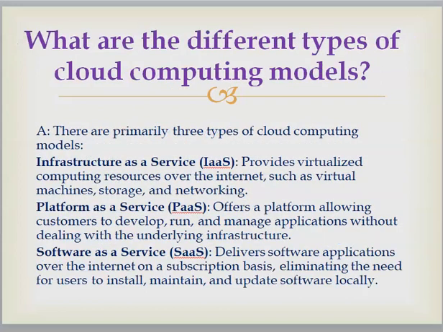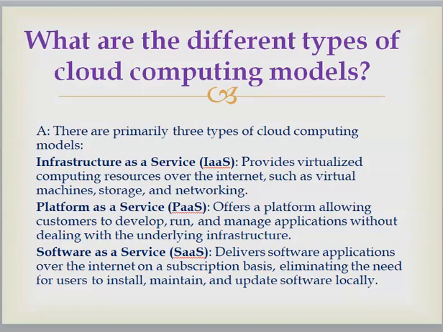What are the different types of cloud computing models? Answer: There are primarily three types of cloud computing models. Infrastructure as a Service provides virtualized computing resources over the internet, such as virtual machines, storage, and networking.